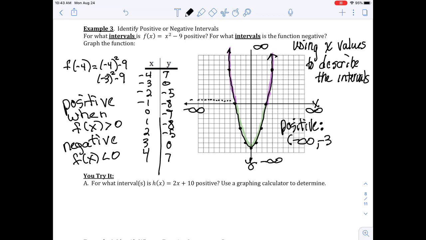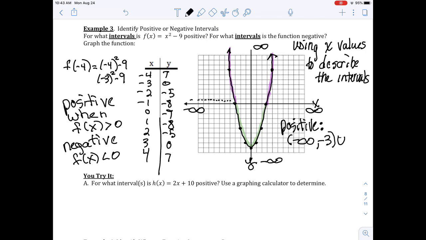And then as soon as I hit -3, the graph turns from purple to green. And then it is no longer positive anymore. Notice I have rounded brackets because we're not including negative infinity and we're not including -3. Or, so I'm going to use my union.